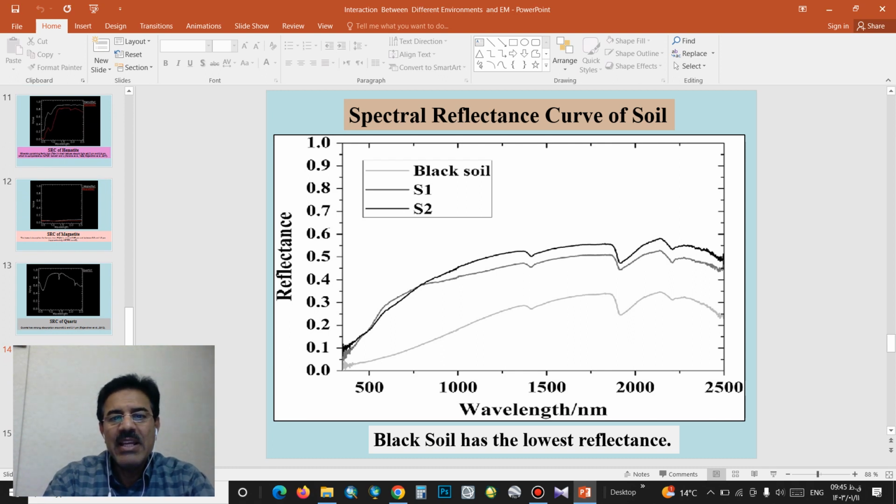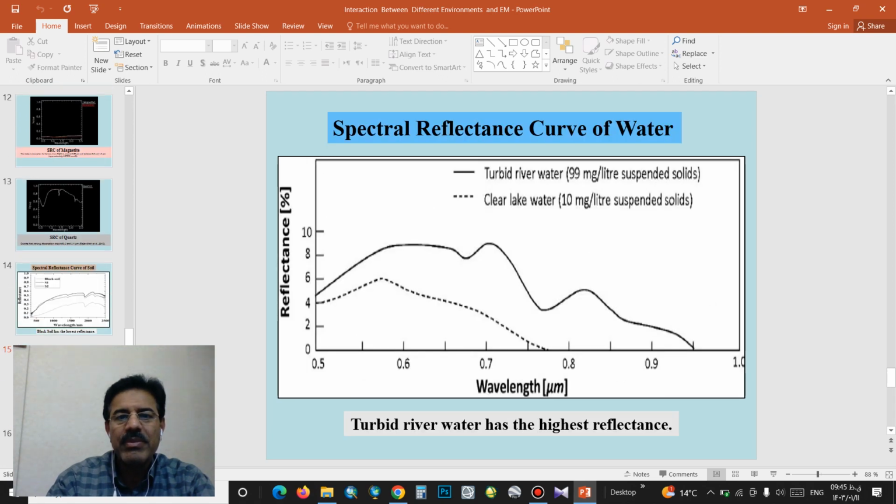Black soil, S1, S2. Black soil has the lowest reflectance or highest absorption. Spectral reflectance curve of water.